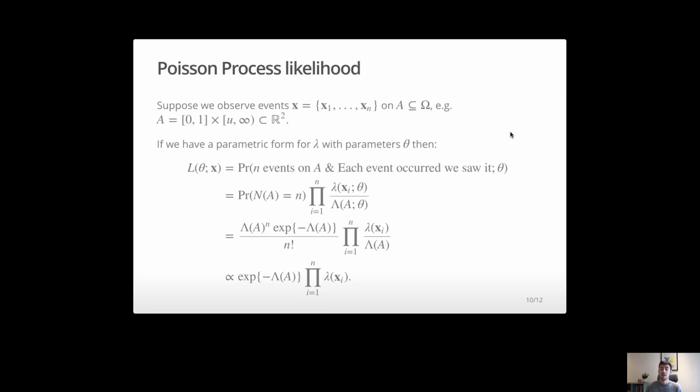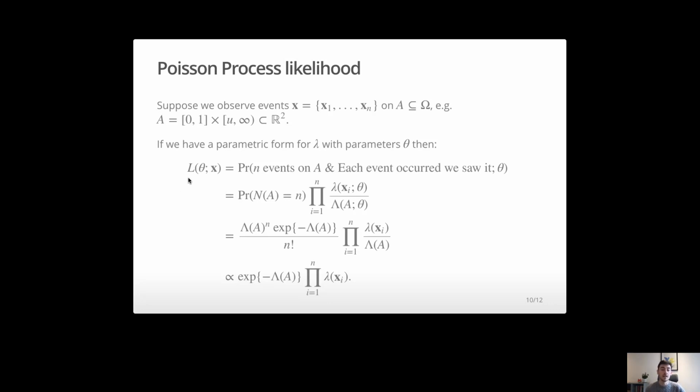So if we have this observed point pattern and we've got a parametric form for lambda, where the parameters of that function are given by theta, then we can use maximum likelihood to estimate what those parameters are, and in turn to estimate our intensity function lambda.